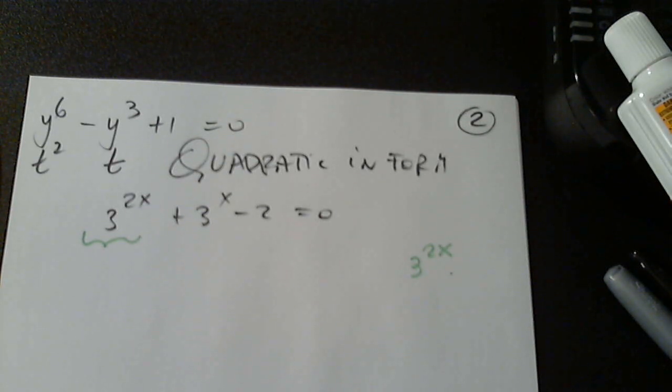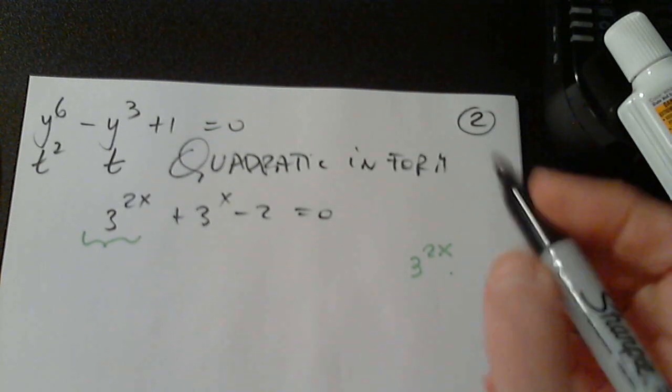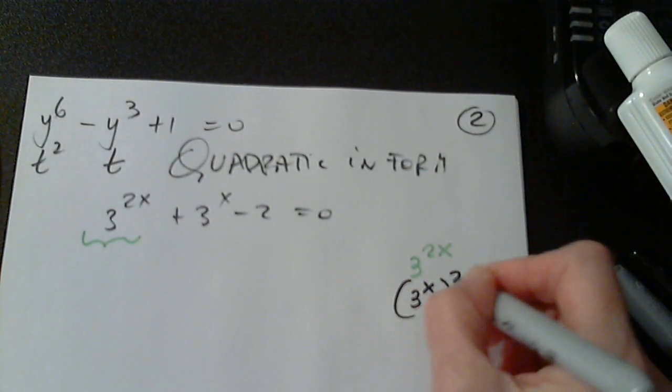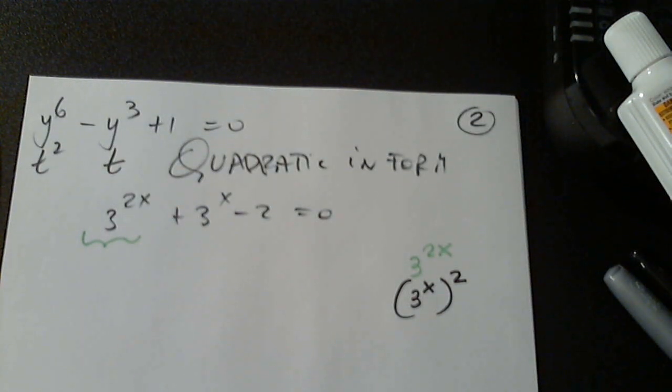It's okay if you're wrong. Tam, anyone? Axel? 3 to the power of x, squared. So you really meant 3 to the x, and everything squared, yes. Correct. And then you can do 3 to the power of x equals t.